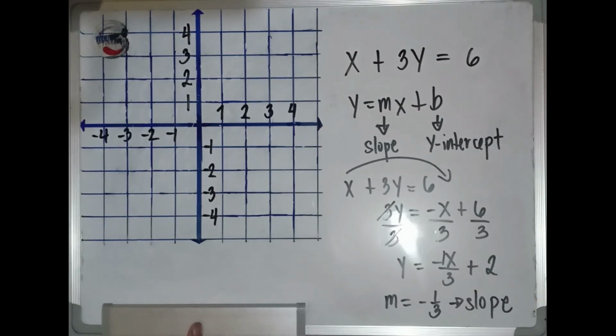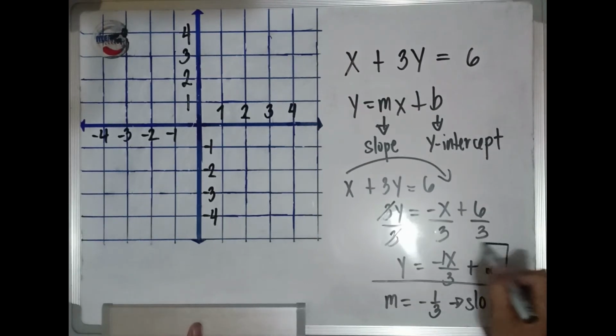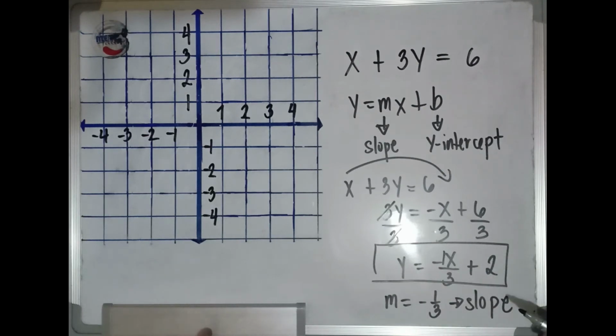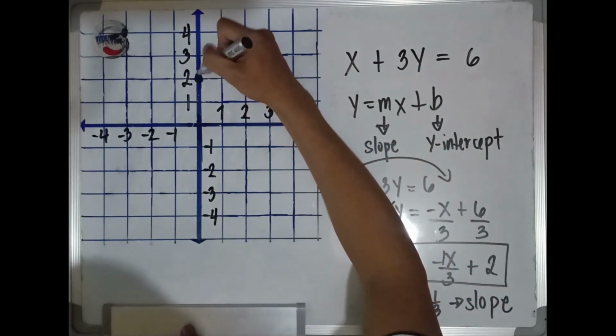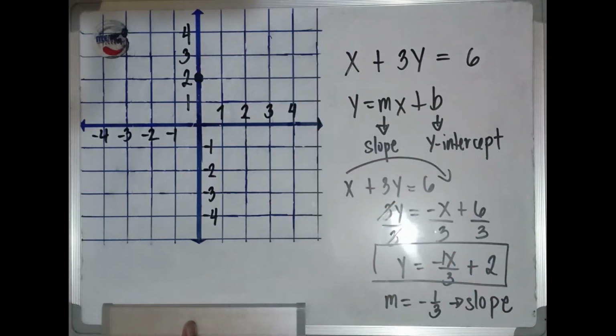Now, using this given, we can graph the equation. First, let us plot the y-intercept. So that is positive 2. So positive 2 is located here. After plotting the y-intercept, you're going to plot now your slope. So negative 1 over 3.